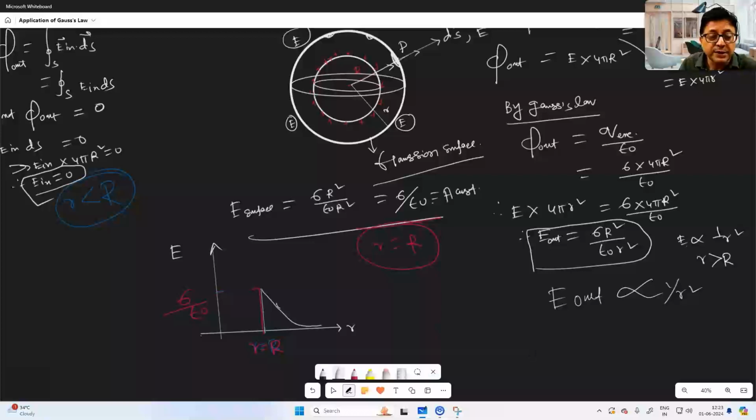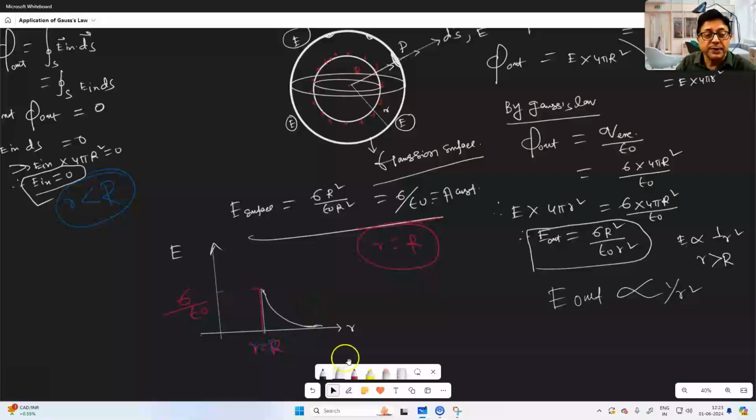Just a minute, because this graph is showing an almost straight line. That is not the case. It will fall rapidly, but not like this. It is going to be like this.